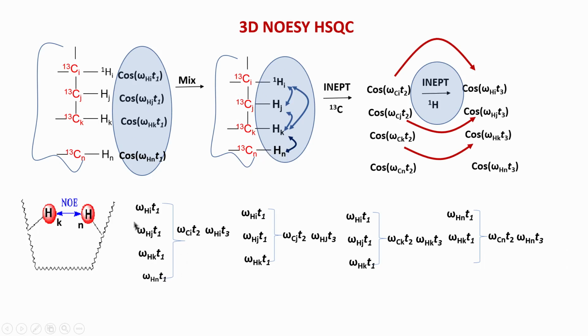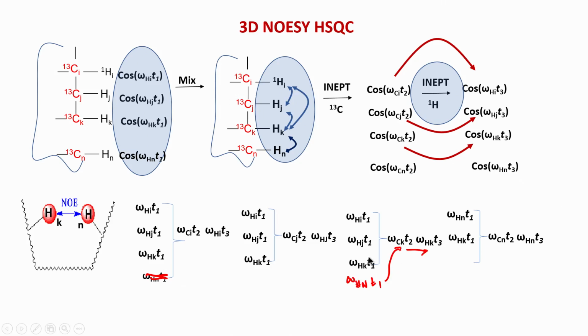So in this case the Hn correlation is also noticed in this part of the spectrum, where we are detecting Hk. Sorry, it should be coming here. Let me correct this, it will be here, because it gets correlated to this.